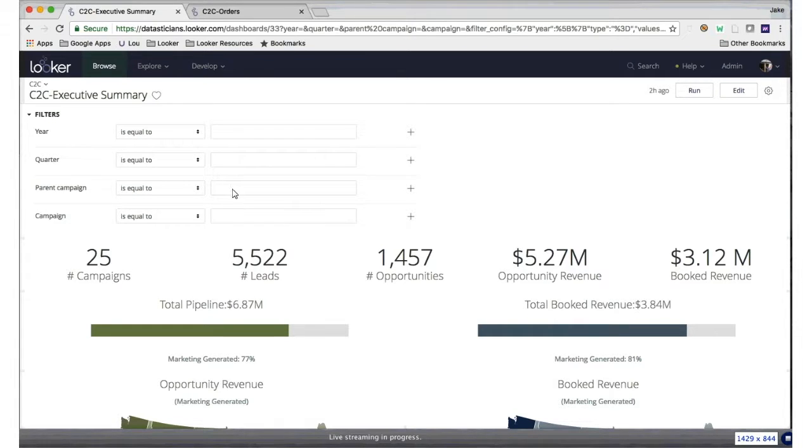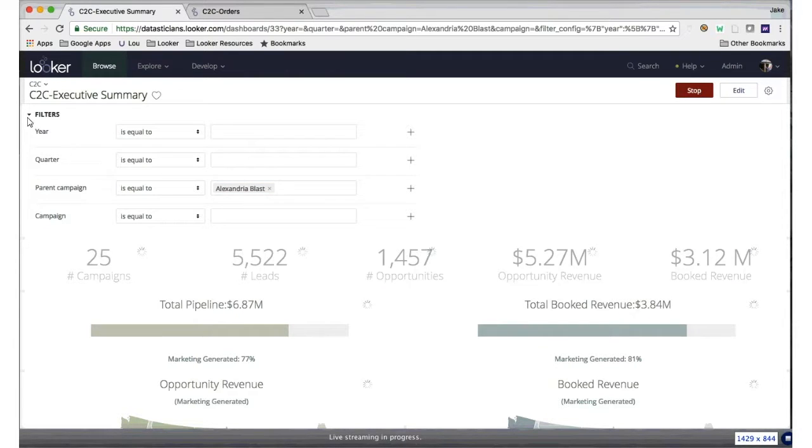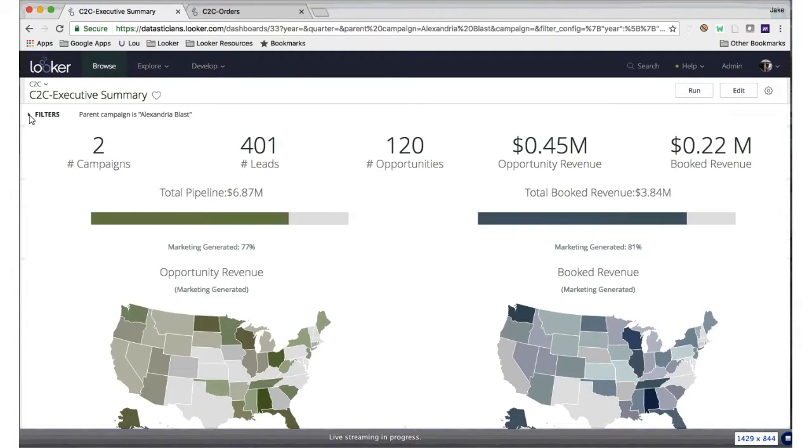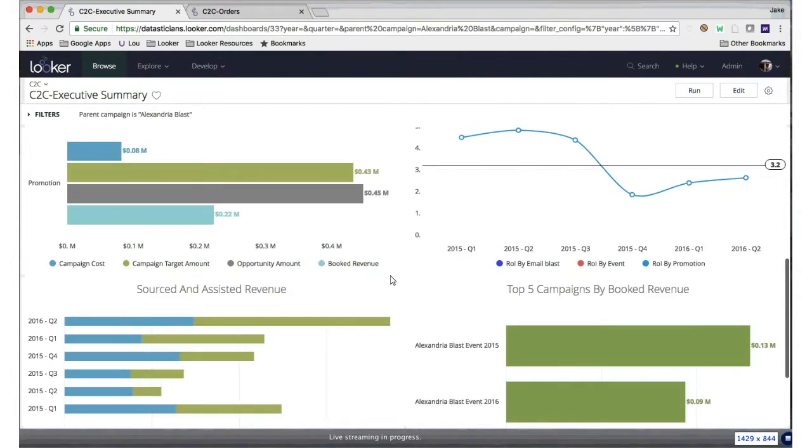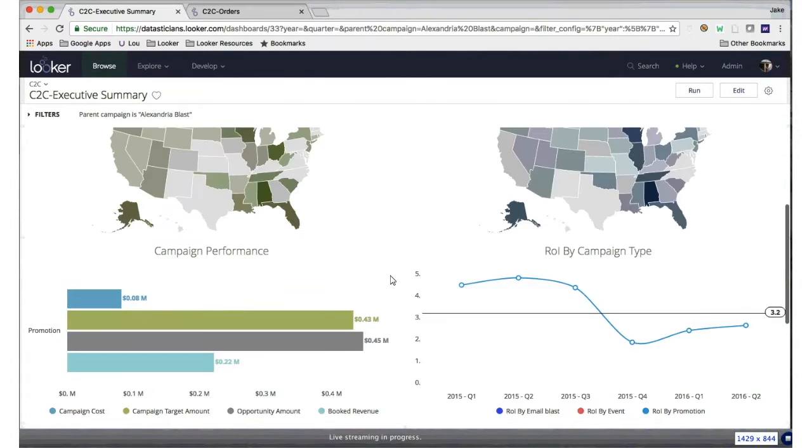So I can always get information on a specific question I have and start to figure out, where do I want to spend my money? How am I getting my leads? Are they worth the money I'm spending? Do I want to shift focus to other campaigns, etc.? That's what I wanted to show for the demo.